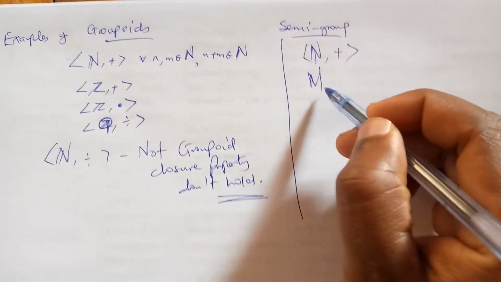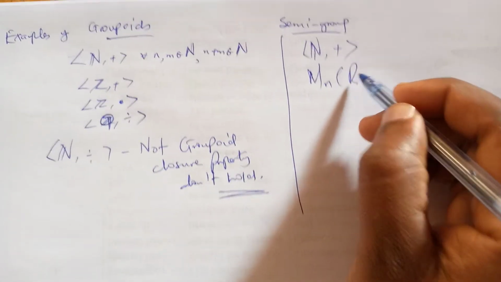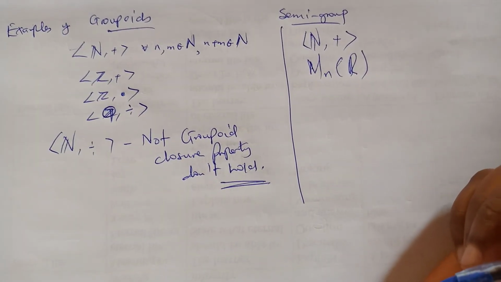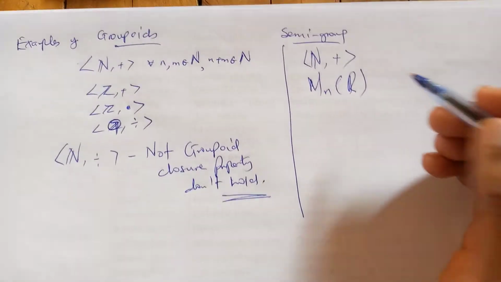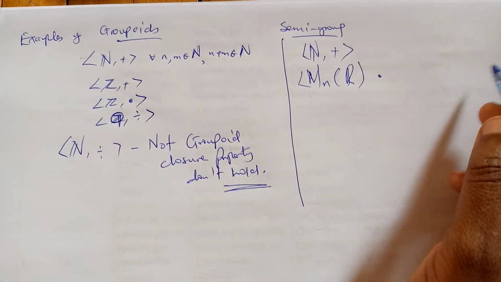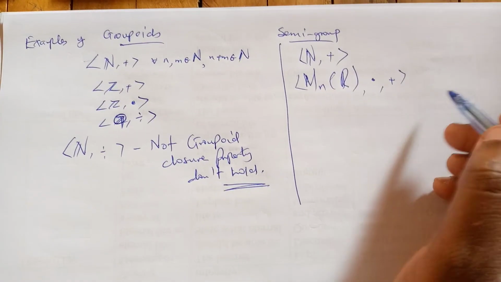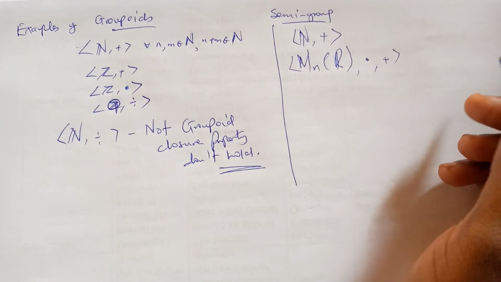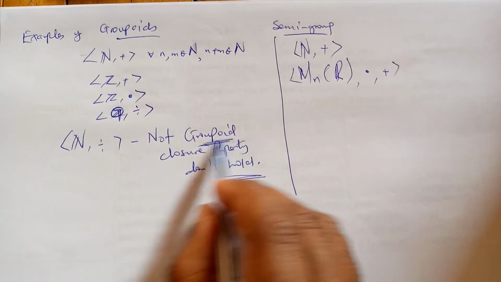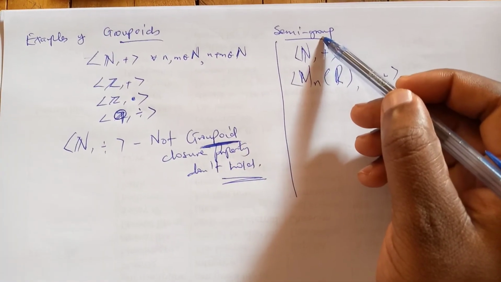If we take matrices and real numbers with operations like addition, they will also be semigroups. But as we have said here, if anything is not a groupoid, it automatically qualifies to be a non-semigroup.